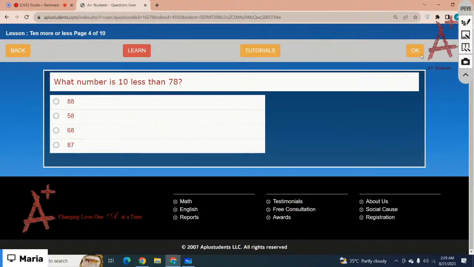Which digit is at the tens position? 7 is at the tens position, right? So when you subtract 1, it would be 68. So the correct option is 68. What number is 10 less than 78? That would be 68.